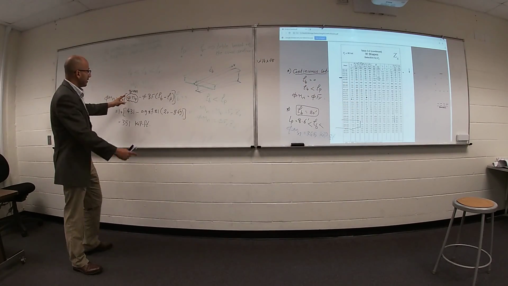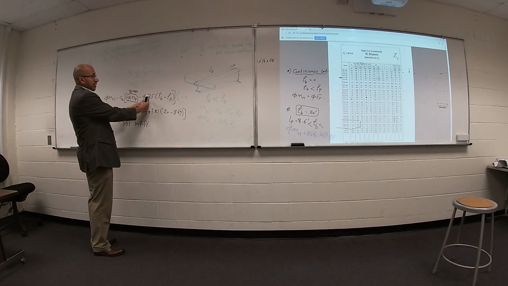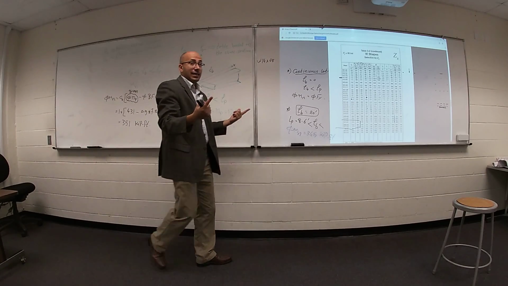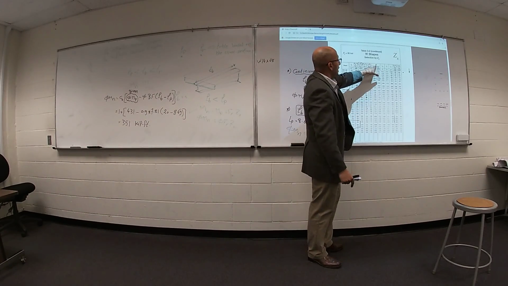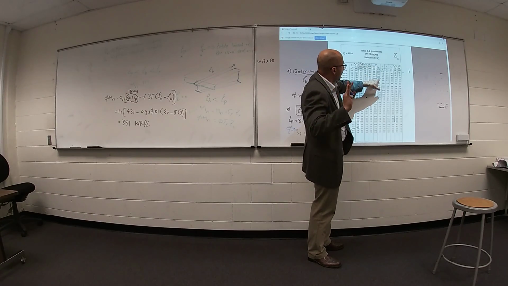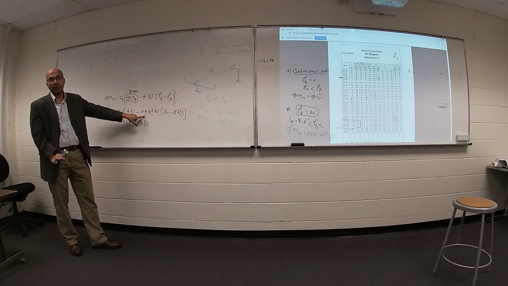So this term, phi MP, 431. For example, BF times phi is 7 point. Actually, the term given here is BF only. Yes, BF only. So this value need to be multiplied by phi, 0.9.